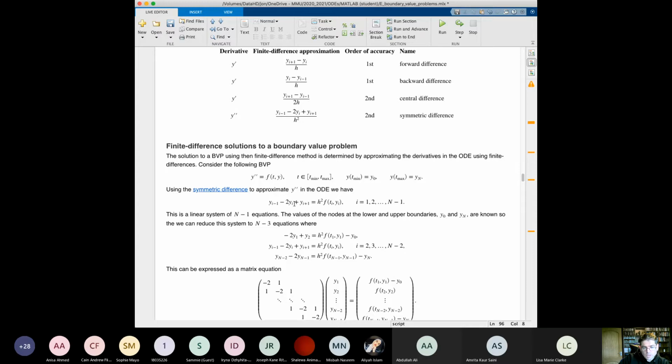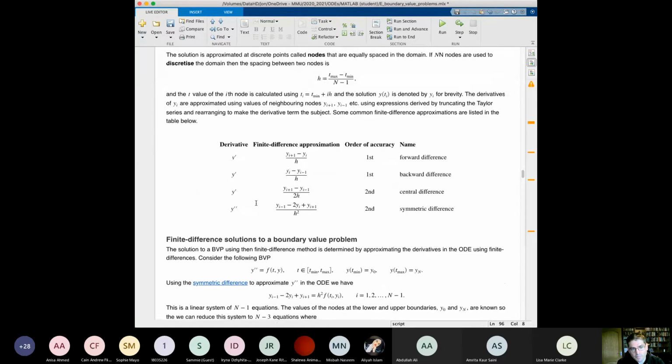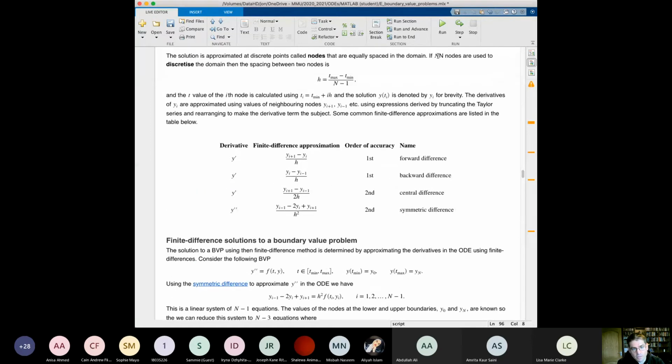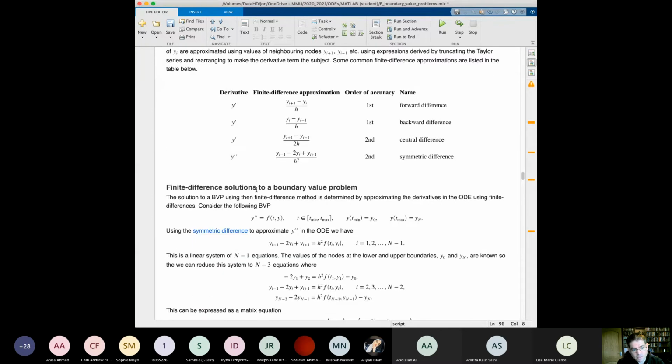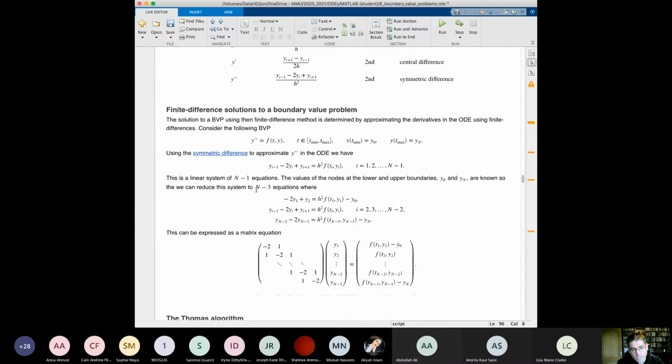the numerator of our symmetric difference on the left. This is a linear system of N-1 equations, where big N is the number of nodes we have. The values of the nodes at the upper and lower boundaries, y0 and yN, are known. They're given here in our boundary value problem definition, so we can reduce this to a system of N-3 equations.